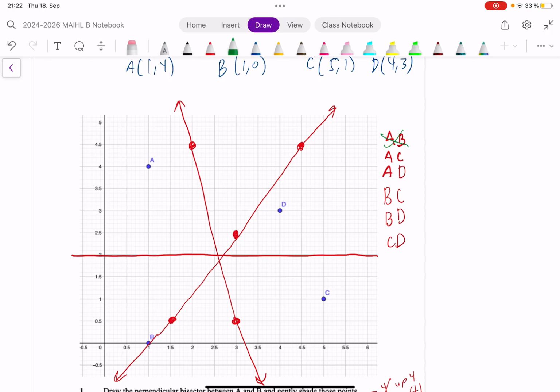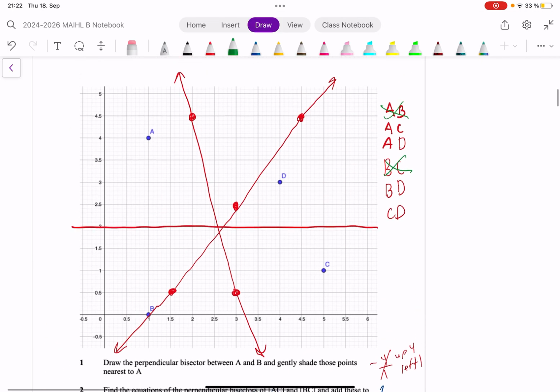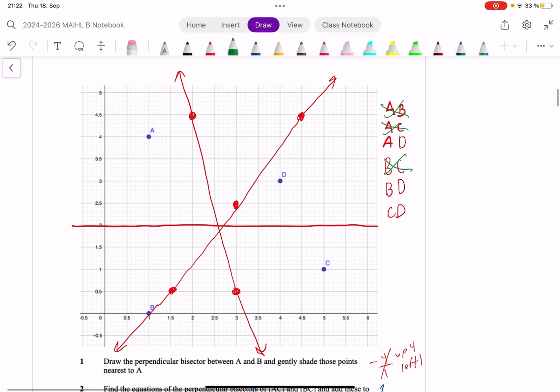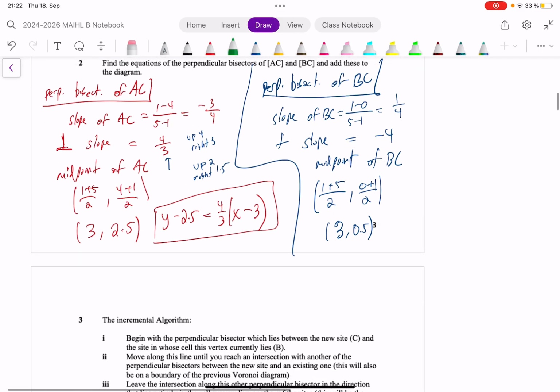I drew between B and C, and I drew between A and C, yeah, that was the one I just drew. Right, so I've drawn 3 of the 6, like I'd still have to find AD, I'd still have to find DC, I'd still have to find the one between B, D, yeah, I haven't done that one either.